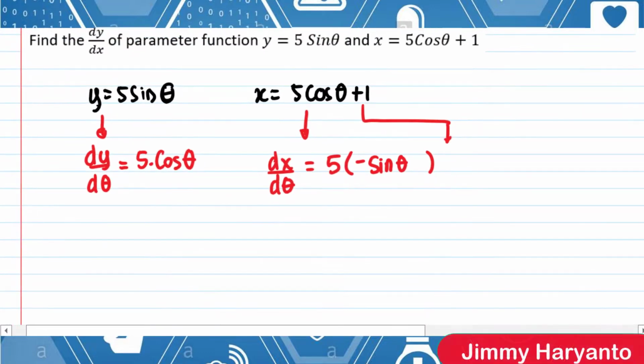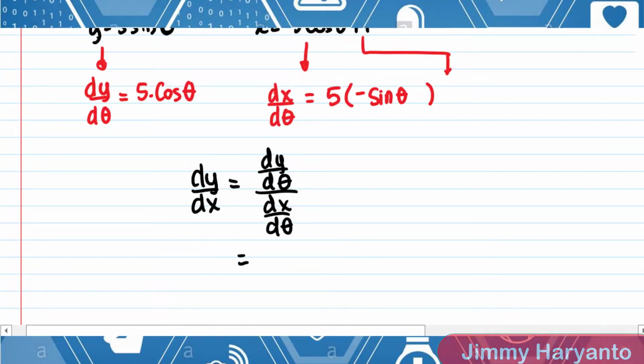So this one is dy over d theta and dx over d theta. Next, we have to find dy over dx. The formula will be dy over d theta over dx over d theta. Okay, let's put the function 5 cos theta over negative 5 sine theta.